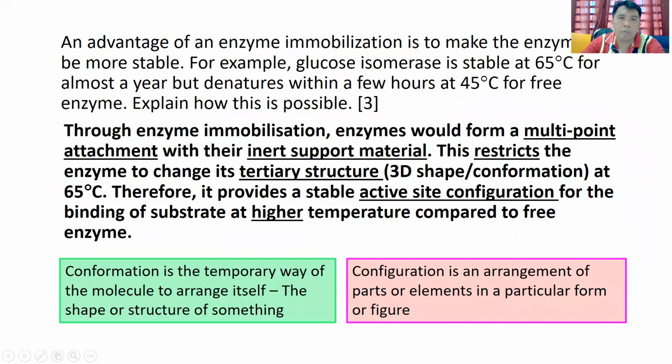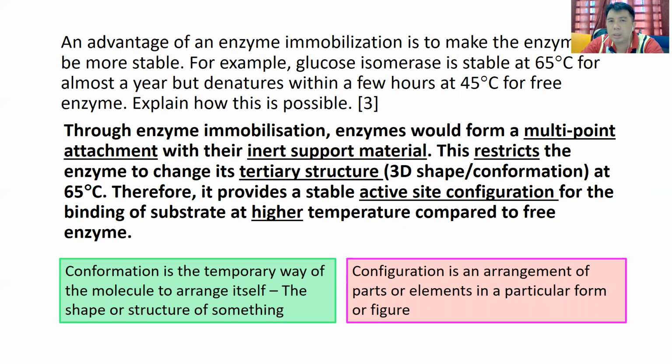An advantage of enzyme immobilization is to make the enzymes more stable. For example, glucose isomerase is stable at 65 degrees Celsius for almost a year, but denatures within a few hours at 45 degrees Celsius for the free enzyme. Explain how this is possible.